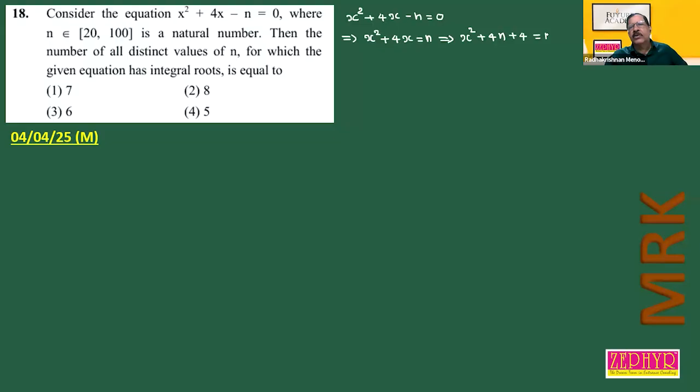So on RHS also you do the same thing. So left side is now x plus 2 the whole square. Right side is n plus 4.